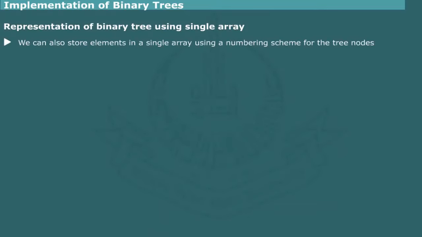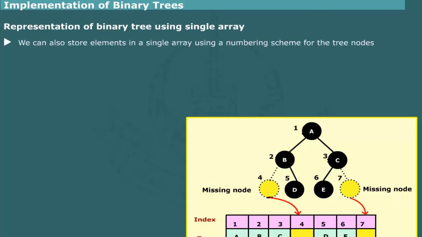We can also adopt a simpler approach to store elements of a tree in a single array of characters. It is based on a numbering scheme for the nodes of a binary tree. Figure shows a sample binary tree and its compact representation by an array of characters. The number next to a node represents the index value. The missing nodes are shown in the broken circle as shown.